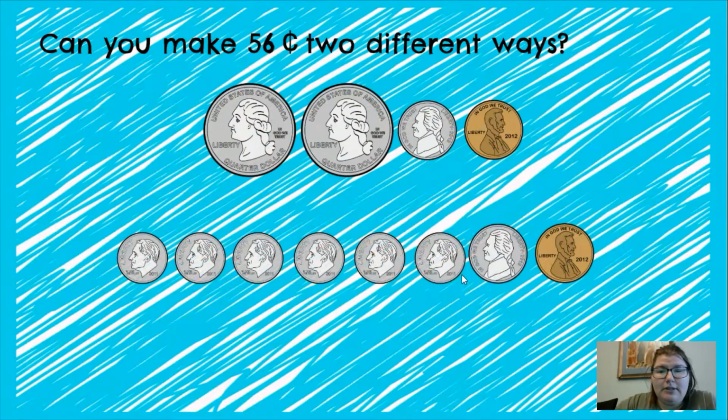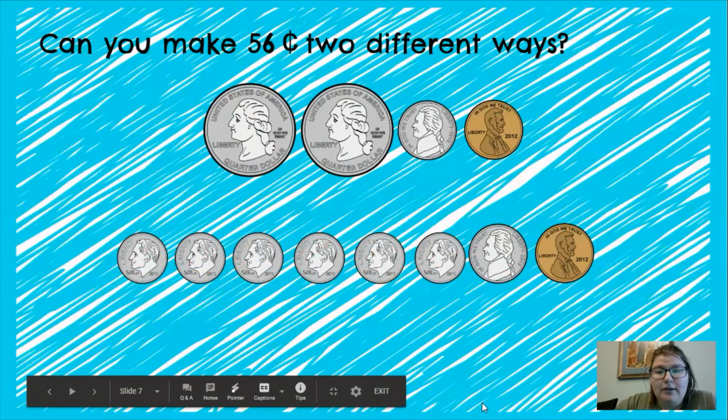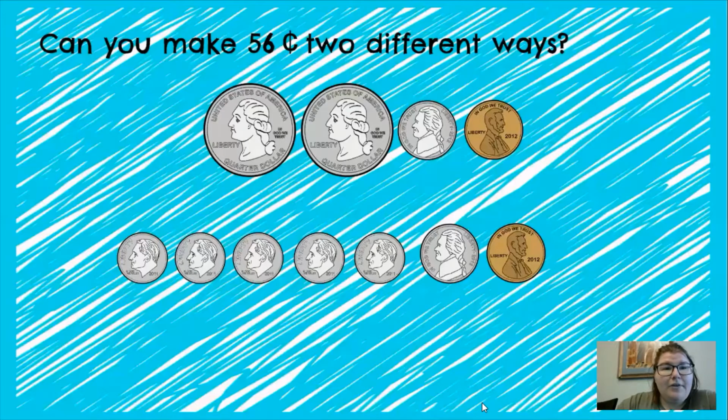Oh my goodness. The other way I found to make 56 cents was using my dimes, nickels, and a penny. 10, 20, 30, 40, 50, 55, 56. So 2 different ways I could make it was 2 quarters, 1 nickel, 1 penny, or 5 dimes, 1 nickel, and 1 penny.